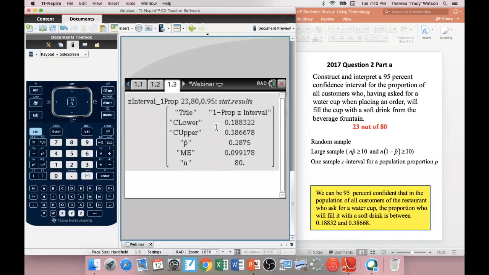The bulk of the answer is my lower and upper bound are the same as Mike's, thank goodness. I've got my p-hat there that I have students show. My margin of error, that calculation, that plus or minus part is there. So I do have students show that before they give their final answer. But then again, big time, write the answer in the context of the problem. That is so, so important.